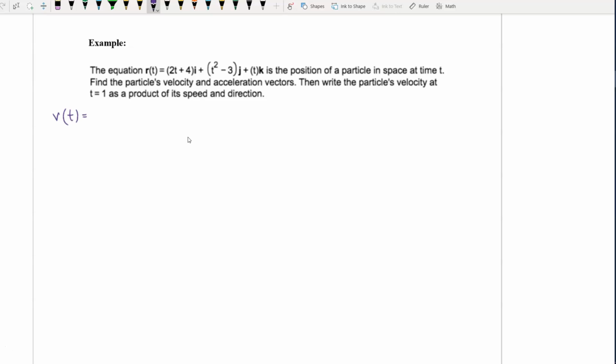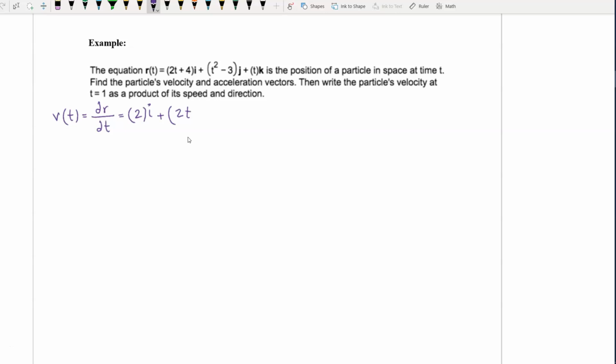v(t) is equal to the first derivative of r with respect to t. So this is equal to, here we have 2t plus 4, so the first derivative is 2i plus, here we have t squared, so that is 2t.